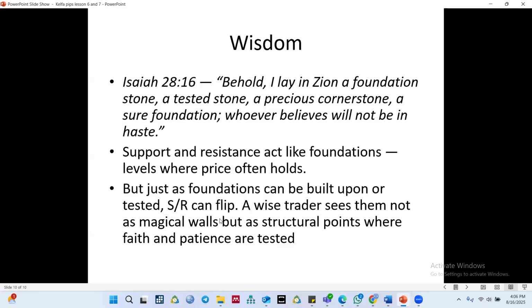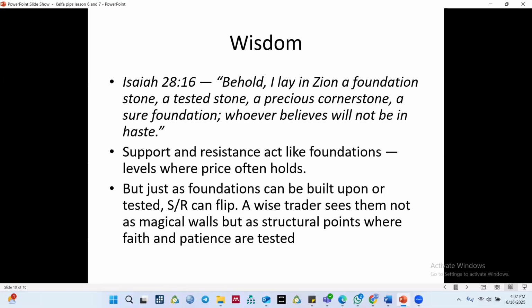Okay, and anytime it is being broken or being tested, then you should look for liquidity. Because above resistance and below support, there are stop losses, orders, and a whole lot of things around those zones.